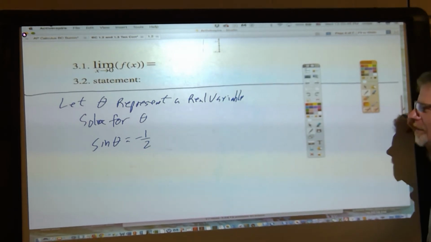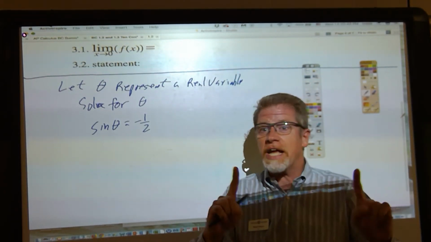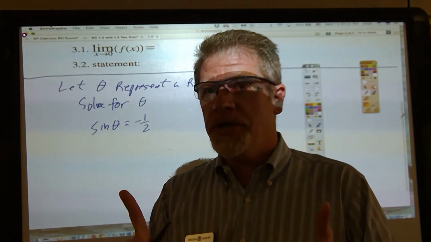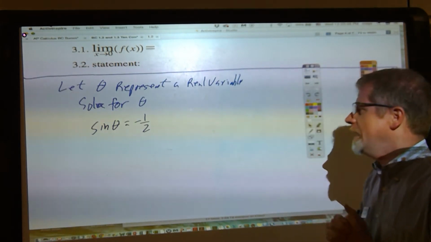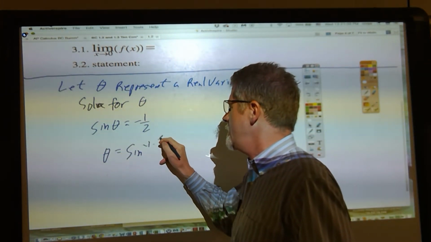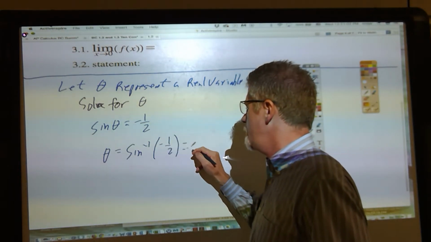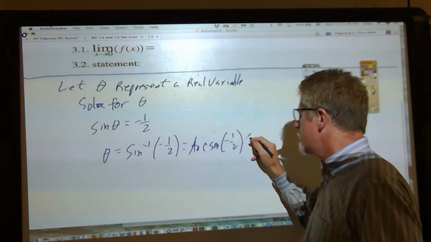Now, I toured the room. There's some good work there. Nobody had the correct answer, but there was some good work. Now, for example, if you had theta equals sine inverse of -1/2, or if you had arc sine of -1/2, that gives you part of the solution.